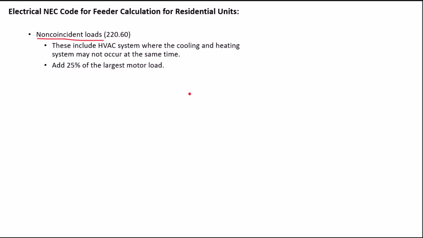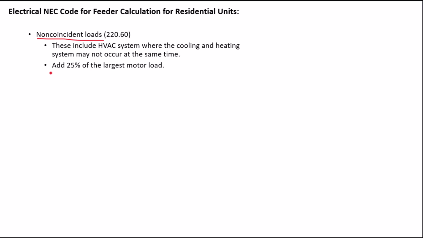But typically for a residential, you either have the cooling system on or the heating system on. So that would be considered a non-coincident load. And in that case, you only have to pick the higher of the two loads when calculating the feeder size. Because if you add both, you're oversizing the feeder. So you basically do that to add the non-coincident load.